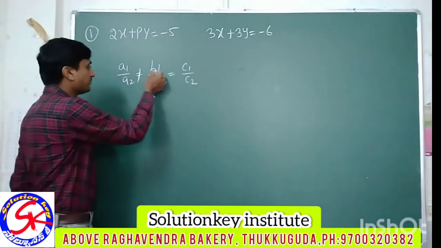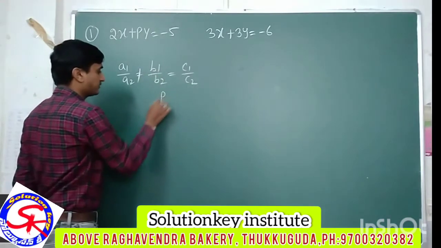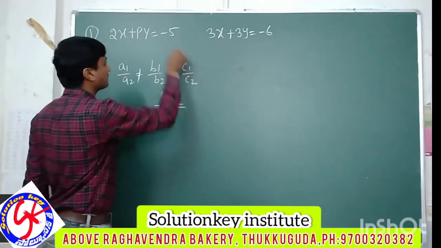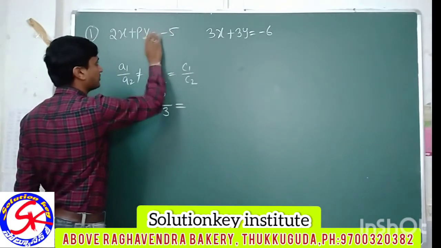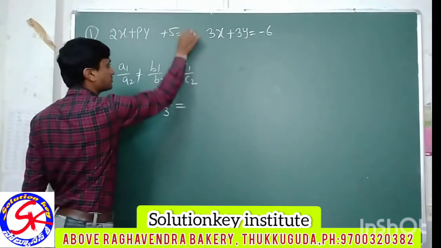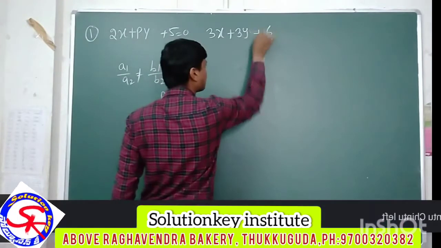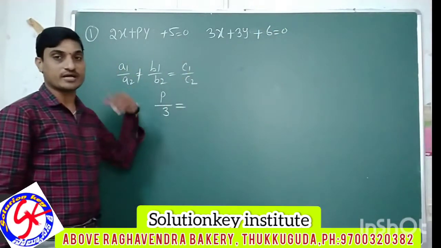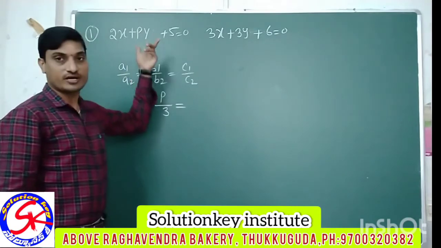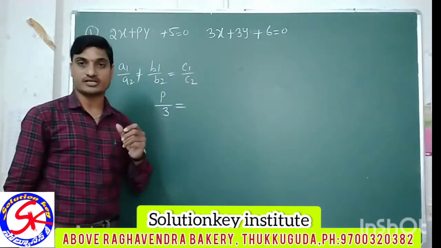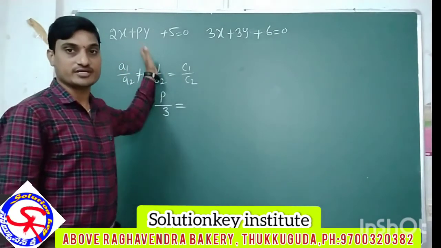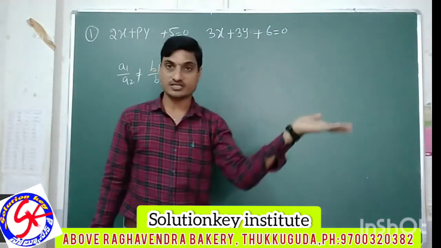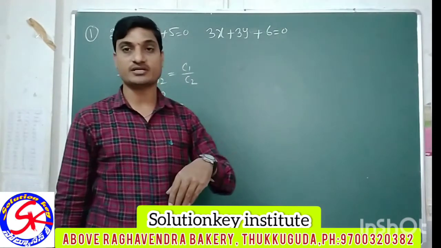So B1, what is B1? p by B2 is 3 is equal to C1. Plus 5 is equal to 0. It is plus 6 is equal to 0. Already you know how to rearrange the terms. It should come in general form. Already you know the general form of a linear equation: Ax plus By plus C. The C is outside, then you take it inside.